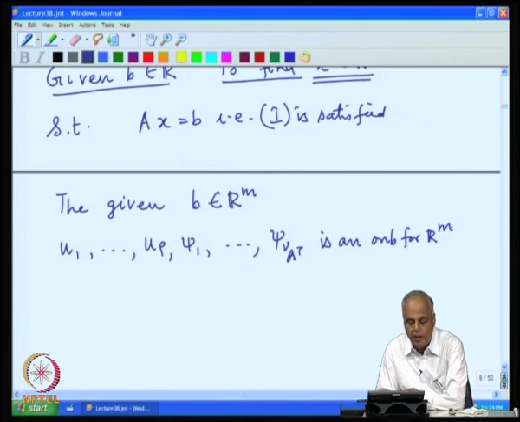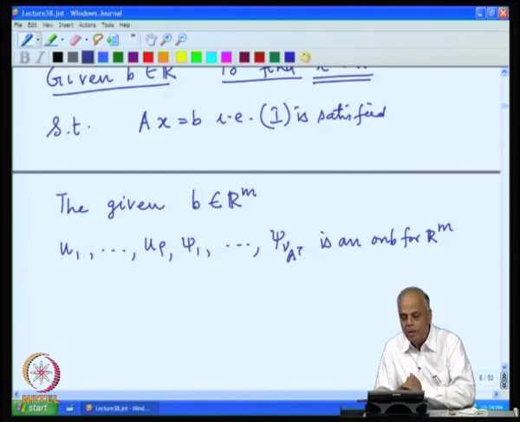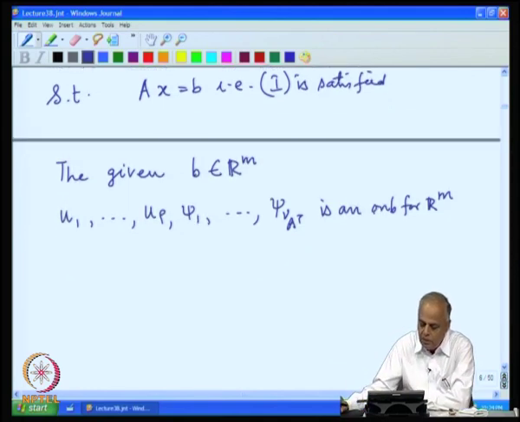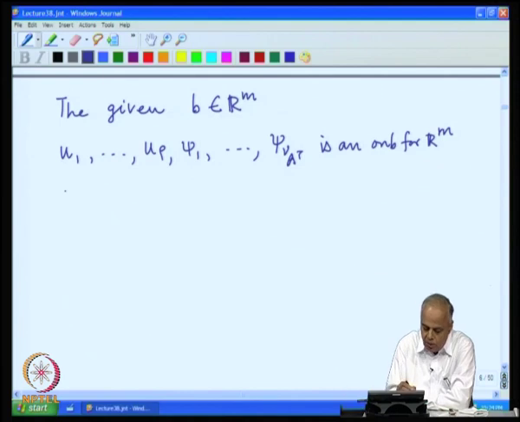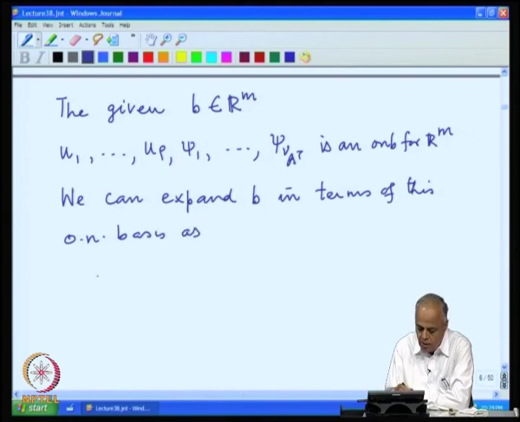Now, b is in R^m, we have a basis for R^m. Any vector in the space R^m can be expanded in terms of this orthonormal basis. So, we can expand b in terms of this orthonormal basis as b.